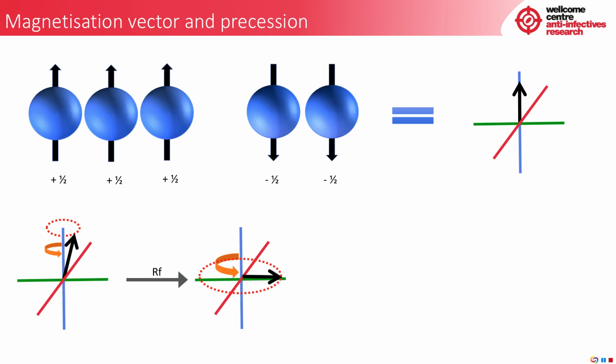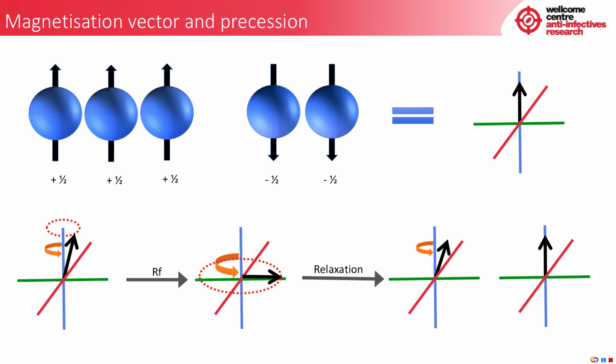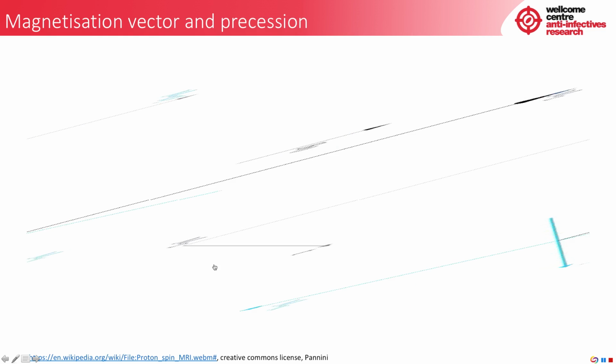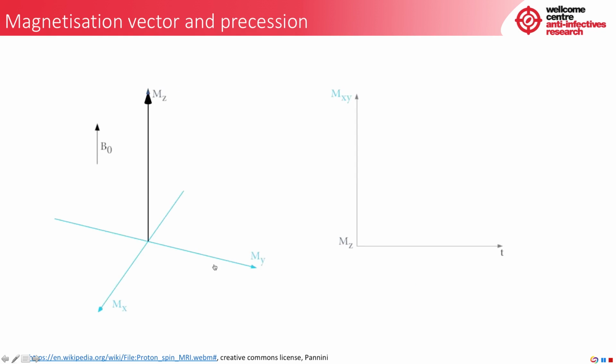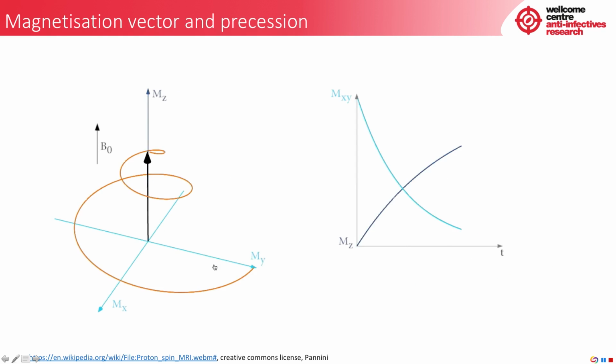It will then precess around in a circular fashion, returning to equilibrium. And that's the relaxation process. In doing so, it generates magnetic fields of its own, and those we can record and use for the NMR spectra. This is a bit clearer, I think, in video form. So here we have polarization, and then flip onto the y-axis, and precession back to the equilibrium magnetization.